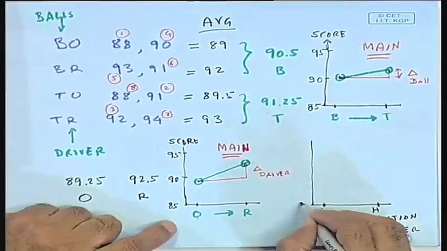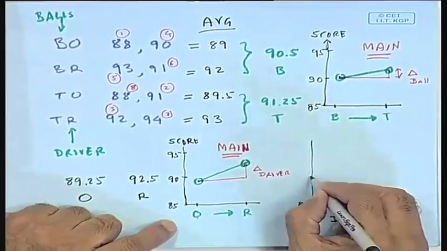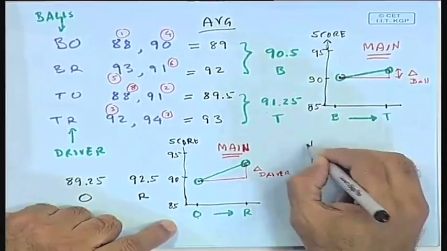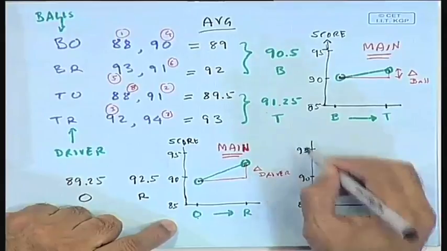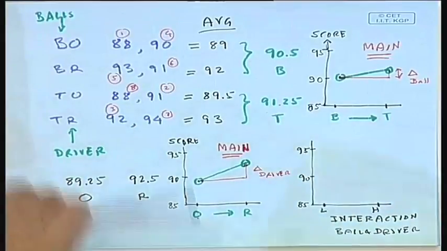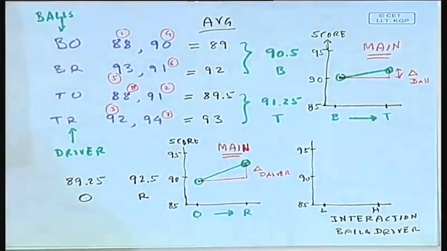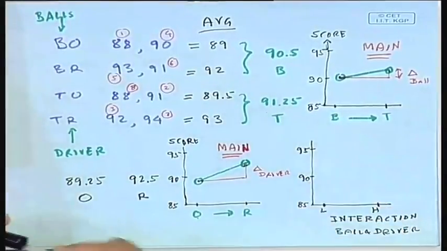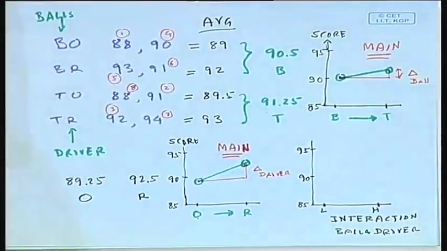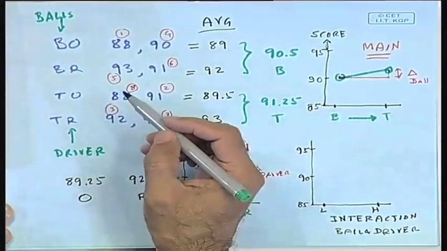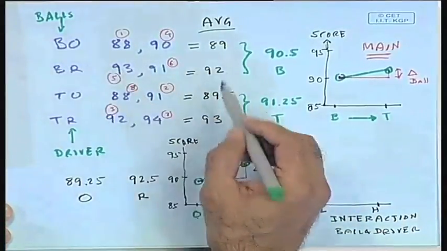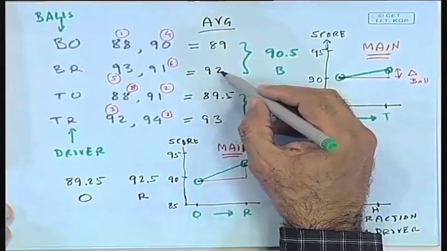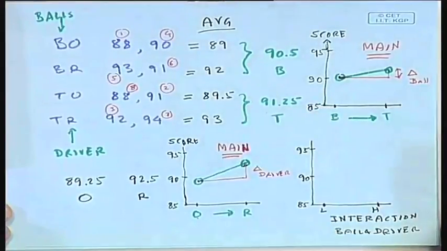Of course, my scale is marked at 85, 90, 95. That's my score. Let's see if we could get my interaction plots done. The low level is going to be the middle point, the average of 92 and 89.5.